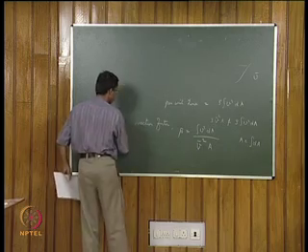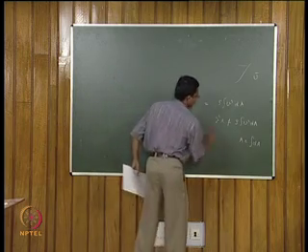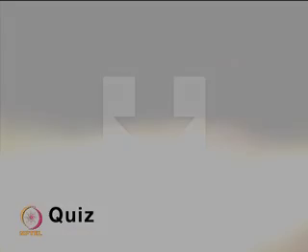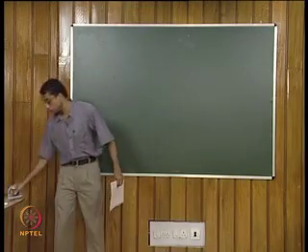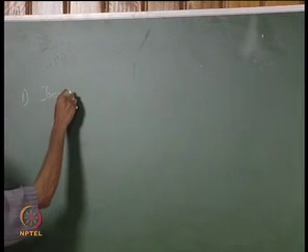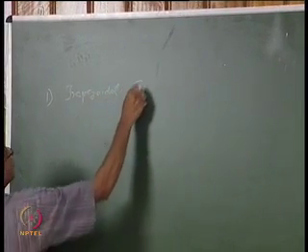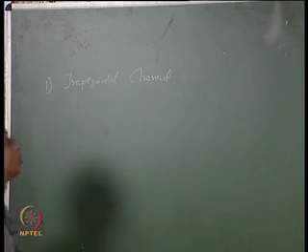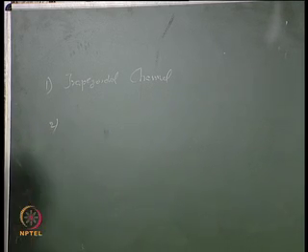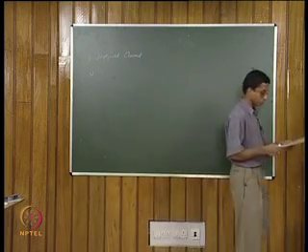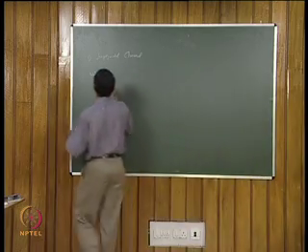A brief quiz on the topics taken today. The first question was already given to you. You were asked for the trapezoidal channel, what are the hydraulic parameters you have evaluated? Now, the second question is based on the Froude number.